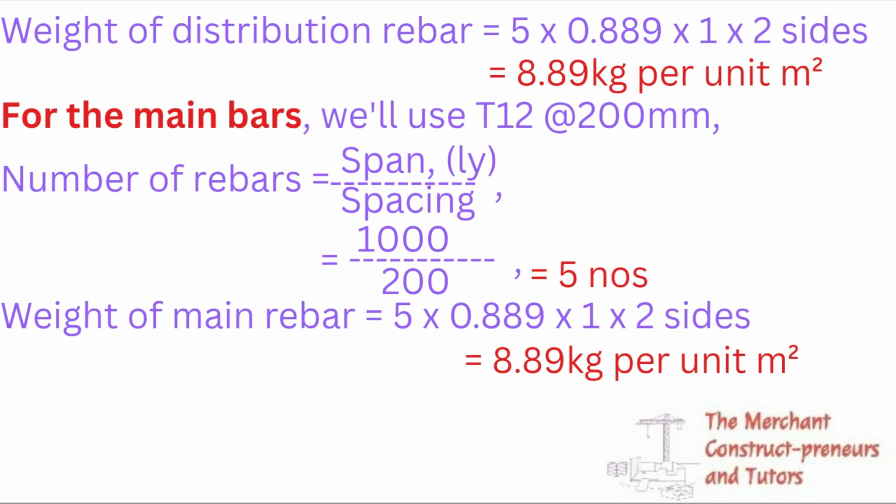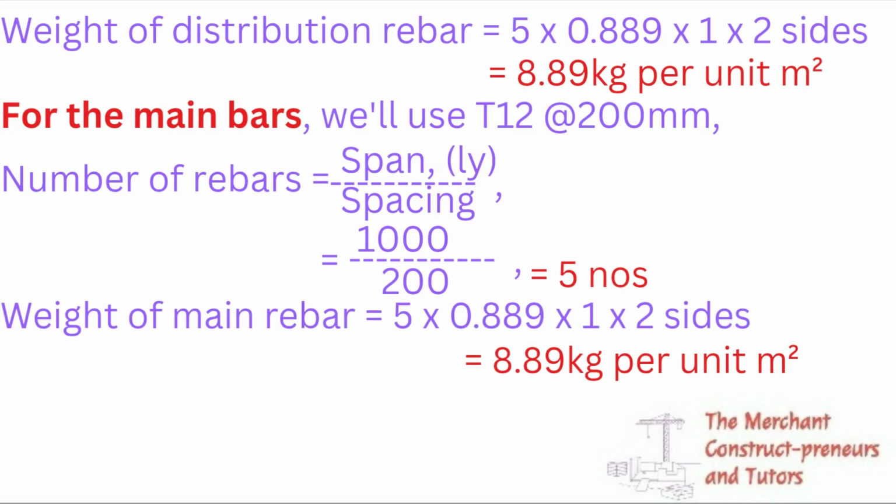The weight of distribution bar will be 5 numbers multiplied by weight per meter of 12 multiplied by 1 times 2 sides. This one is the length. We are considering 1 meter length. So we have 8.89 kilogram per unit square meter.